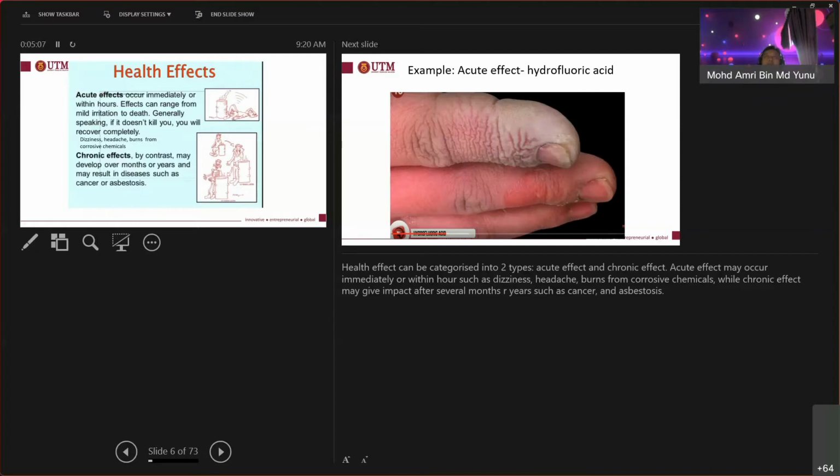So like this chemical, that's why you really need to know the classification on the labels, which we call the MSDS. I think we're going to see what the MSDS is, the material safety data sheet.